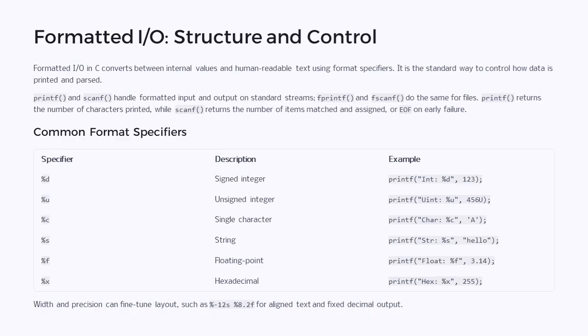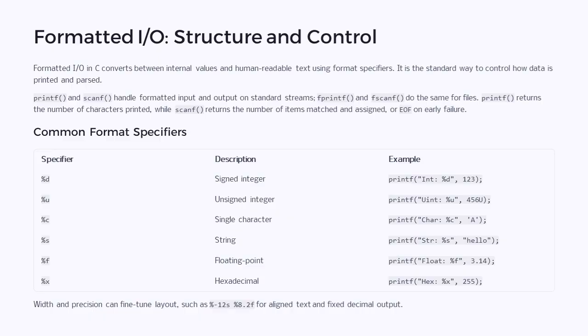Printf and scanf handle formatted input and output on standard streams. fprintf and fscanf do the same for files. Printf returns the number of characters printed, while scanf returns the number of items matched and assigned, or end of file on early failure.